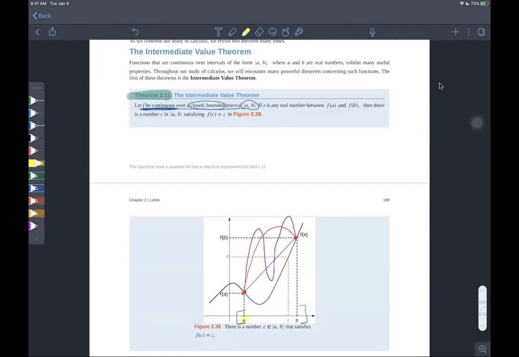For a, I'll highlight it in yellow, there is an output value of f of a. For b, there is an output value of f of b.